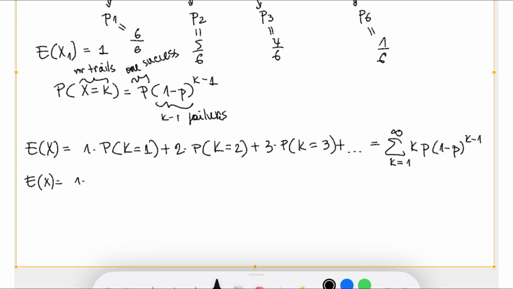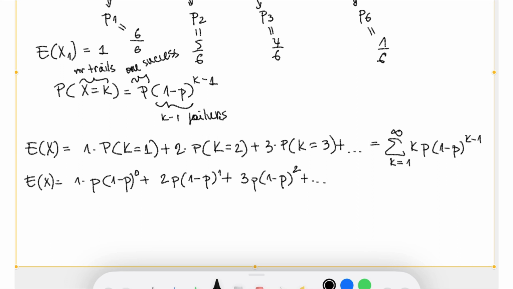This will be p times 1 minus p to the power of 0, plus 2p times 1 minus p to the power of 1, plus 3p times 1 minus p squared, and so on.